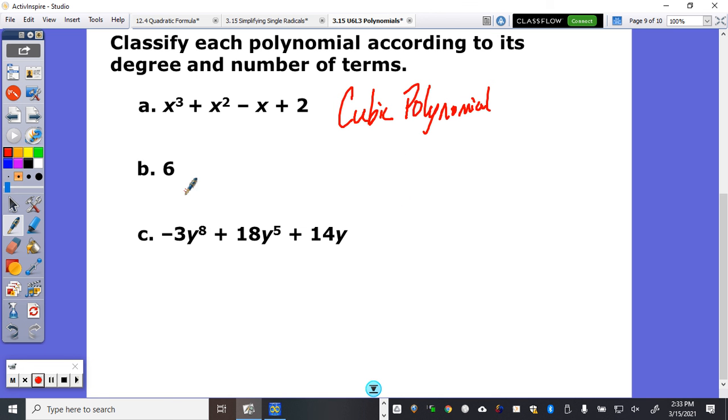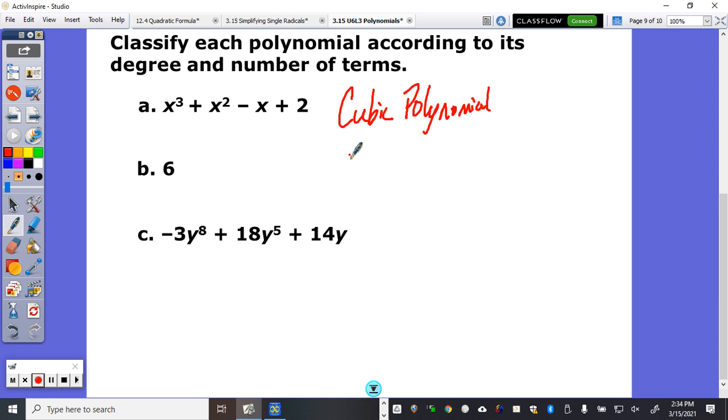Haley, what's the degree of this right here? Well, what's the degree of the number? No. Just the number by itself. What do we call it? What has a 0? And what do we call a 0 degree? Constant.